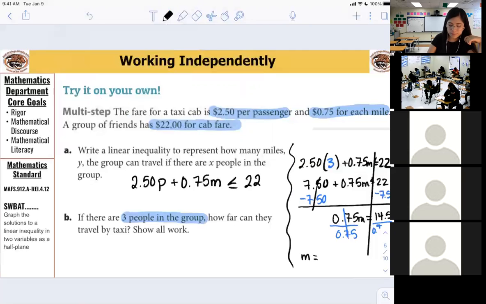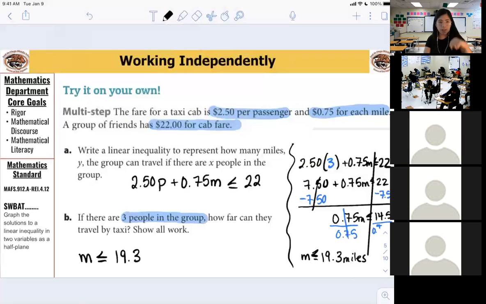Is that what you said? Yeah. And that's 19.3 what? Miles. All right, cool. So I know that the number of miles they can travel, by the way, this was not an equal sign, it was a less than sign, less than or equal to. So they can travel anywhere less than or equal to 19.3 miles in order to stay in the budget.